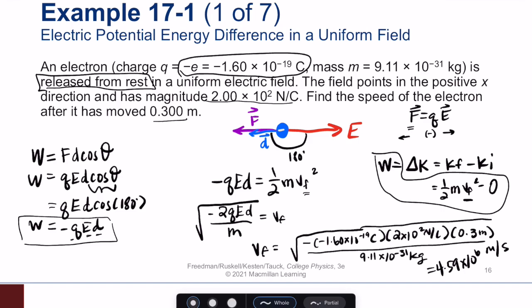So keeping track of the negative signs is probably one of the more difficult aspects, but if we just remember our definitions, let's review real quick. This q, allow it to be negative or positive, okay? So don't put any negative signs in front if you see that the charge is negative. Wait till you plug in the numbers. So this can be positive or negative.